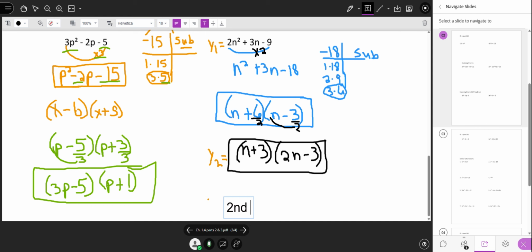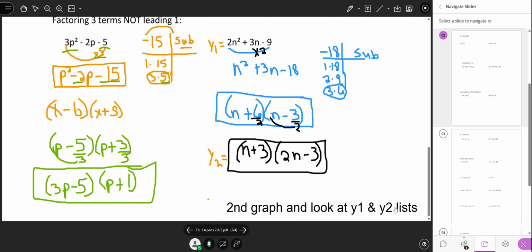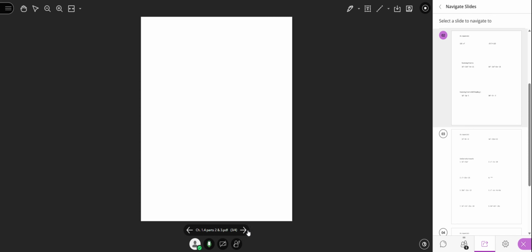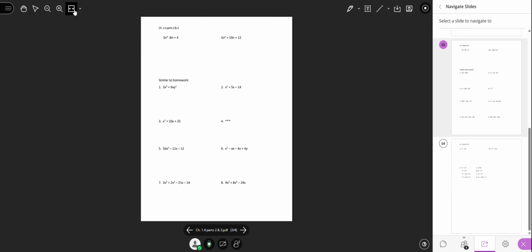Hit second graph and look at y1 and y2 lists. If they are not the same, then your answer is not correct. But if they are the same, your answer is correct. How cool is that? Just saying.